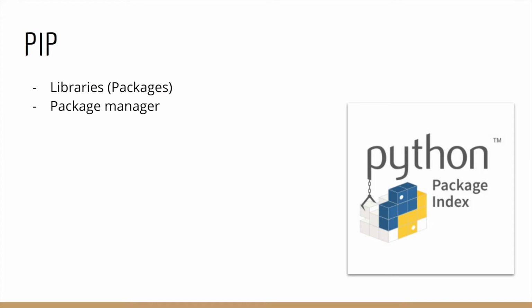PIP stands for Python Package Index, and it's basically a big library where you can use code which is written by others. What I mean by this is other programmers can write code which makes it easier to do some tasks.